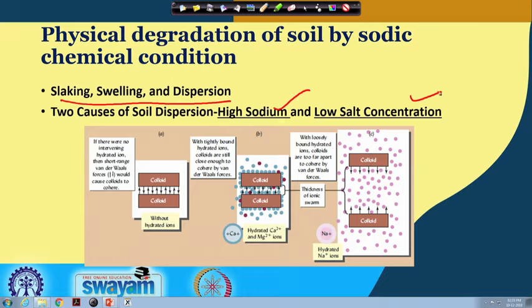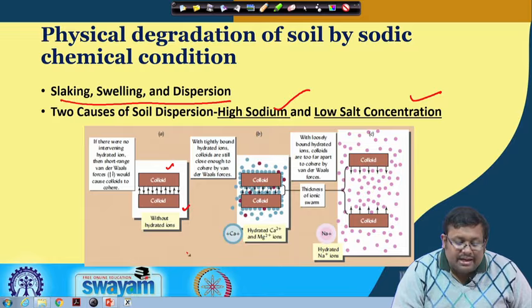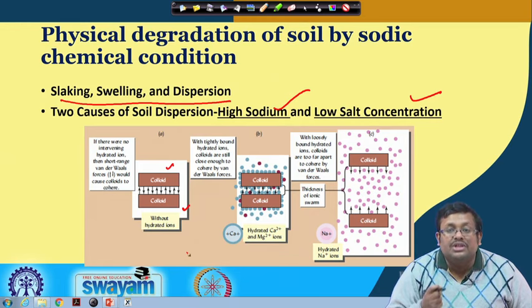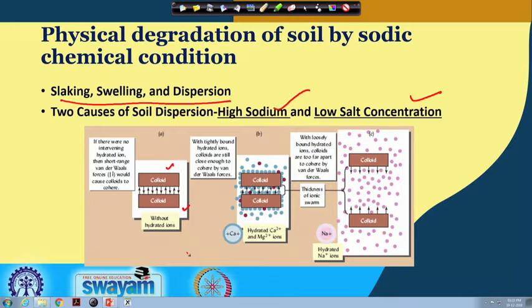In the case of soil colloids, we have already learned that if there are no intervening hydrated ions, then short-range van der Waals forces would cause colloids to come together and form coagulation, or form aggregates.